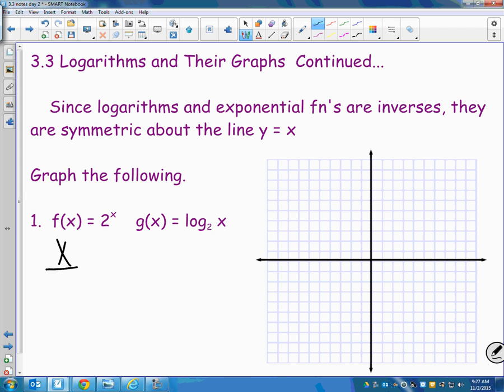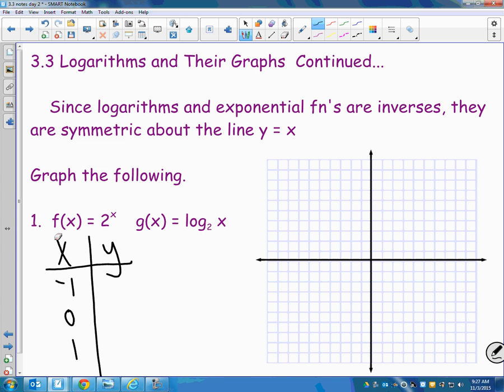Exponential equations. I'm just going to pick a few points. My favorite points to pick are -1, 0, and 1, because it gives me that negative exponent, which gives me a fraction. It gives me the 0, the y-intercept, and it gives me the positive direction. Also, 2 to the x is my favorite one to graph because 2 doesn't get big that quickly, right? 2 squared is 4, 2 to the third is 8.